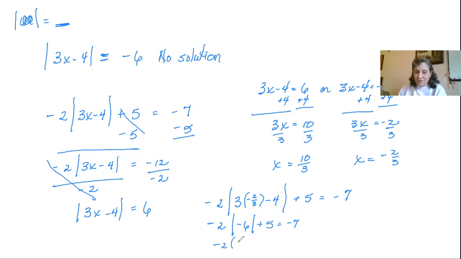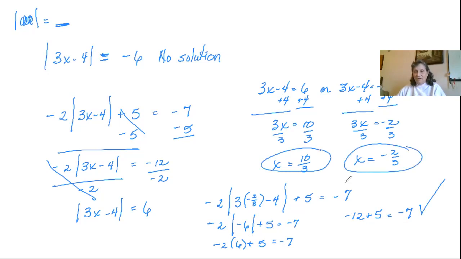So this is negative 2 times 6 plus 5 equals negative 7. Negative 2 times 6 is negative 12. Plus 5 is equal to negative 7. So this does check. So here are my 2 answers.